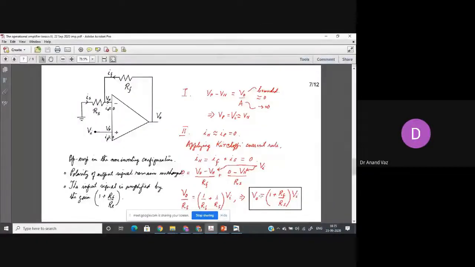We had progressed a little further in the review of the operational amplifier, and we had seen another configuration, which was a non-inverting configuration of the operational amplifier.